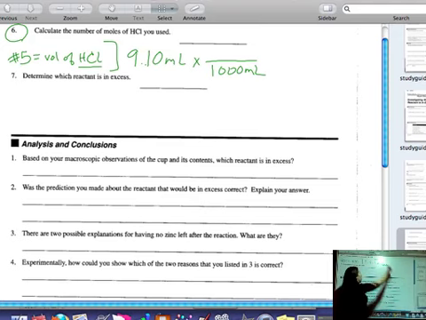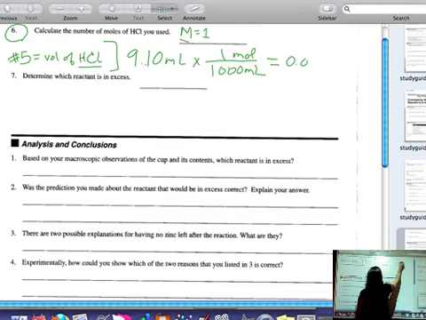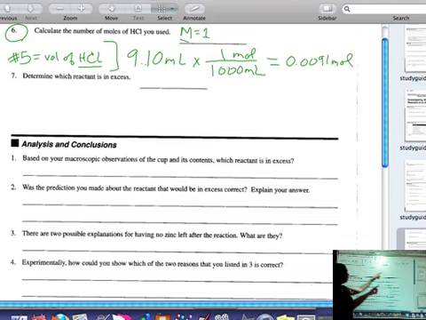And we used 1 molarity. So that capital M is actually 1. So this is how many moles of hydrochloric acid. I just don't want to do math at this point. 0.0091 moles. Okay, so that's how many moles of hydrochloric acid are used.